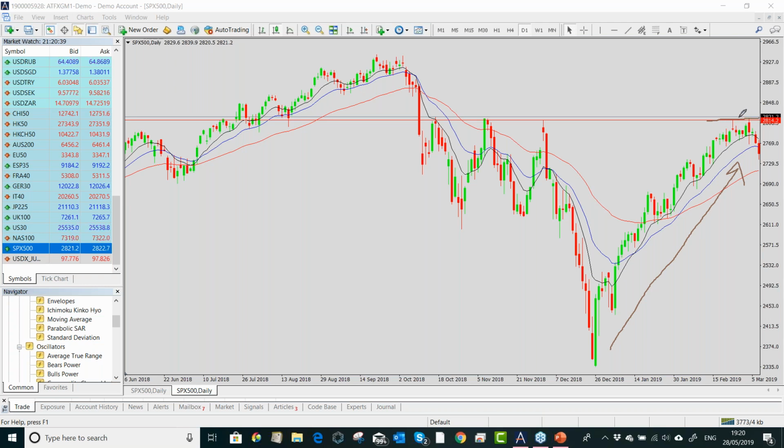Now, a lot of counter trend traders would be looking to sell at this point, in the anticipation that price would bounce at the horizontal level and go down. However, how far it's going to go down is anyone's guess, really. We just don't know how far it's going to go down. So it's all well and good pressing sell up here, but where would your target be?